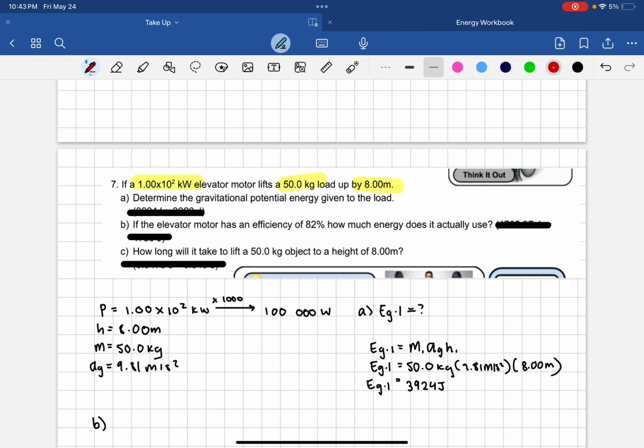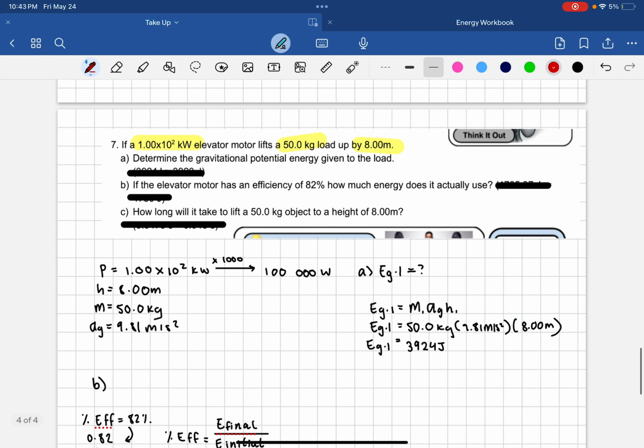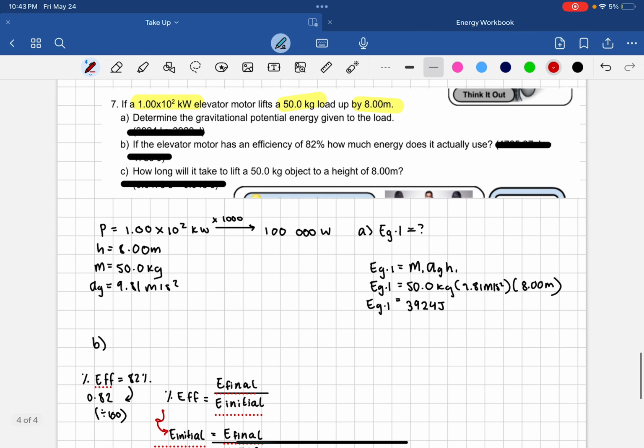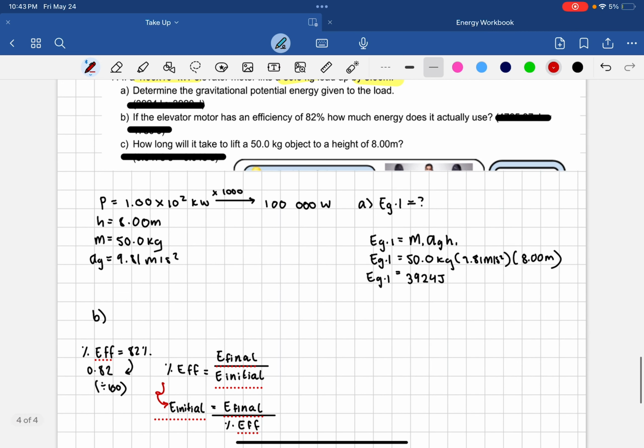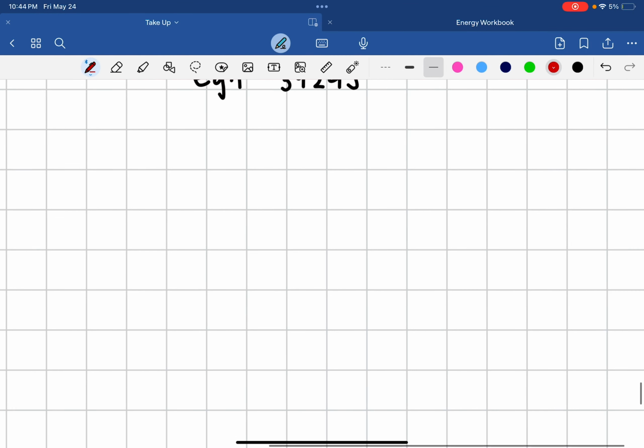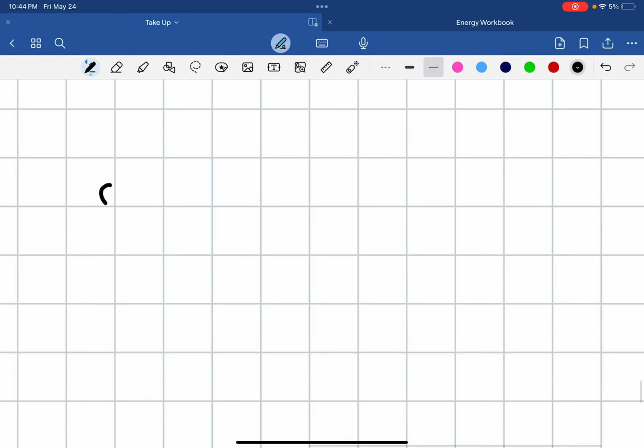There's always some deficiencies. So part C is asking for how long it will take to lift that 50 kilogram object to the height of 8 meters. So when it says how long, it's obviously asking for the time. So we don't know time, but we do know power, which is 100,000 watts.